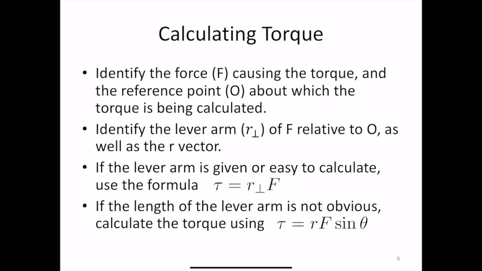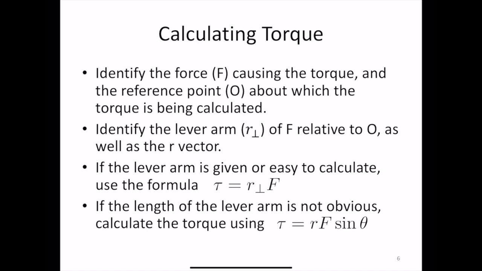Okay, now you might be able to draw the lever arm, but the problem might not immediately give you information about how long that lever arm is, or you might think that you can find out how long the lever arm is, but you'll have to do some SOHCAHTOA and trig and all that stuff. If the lever arm is not obvious, then it's not worth trying to figure out what the lever arm is.